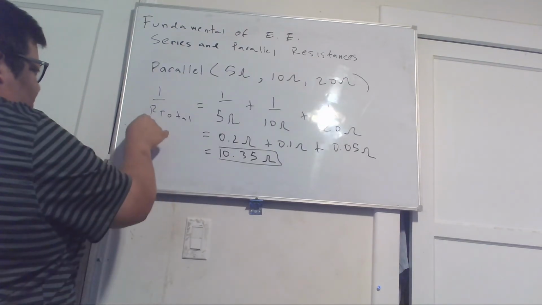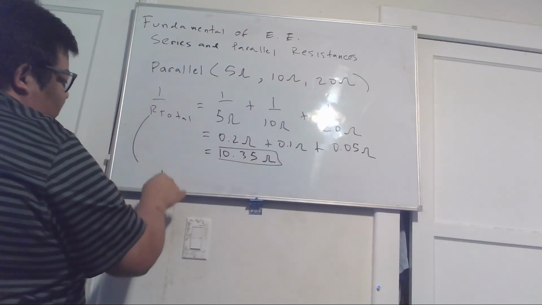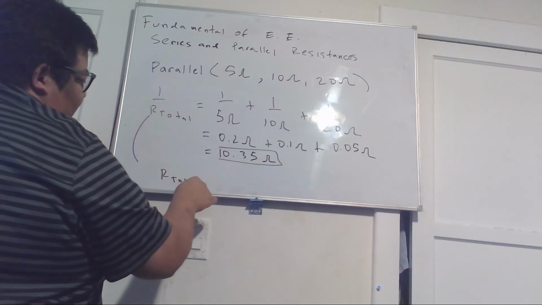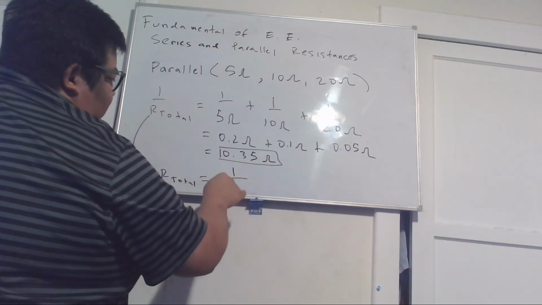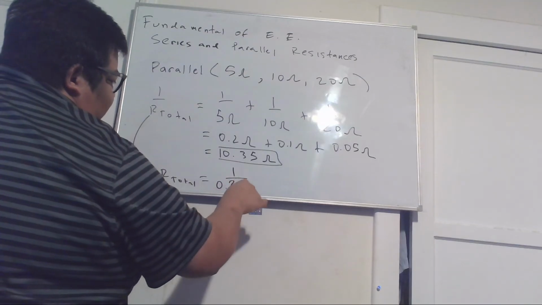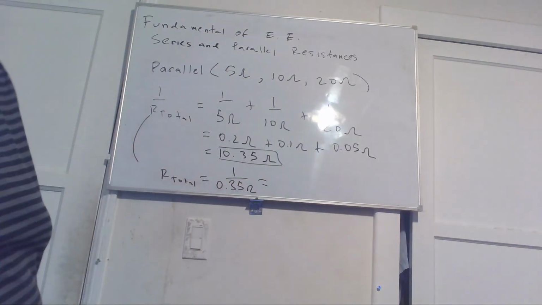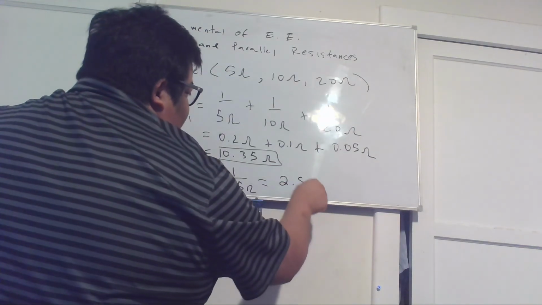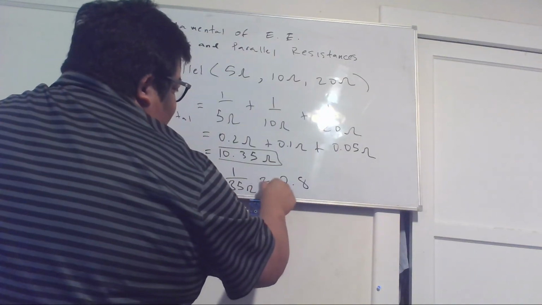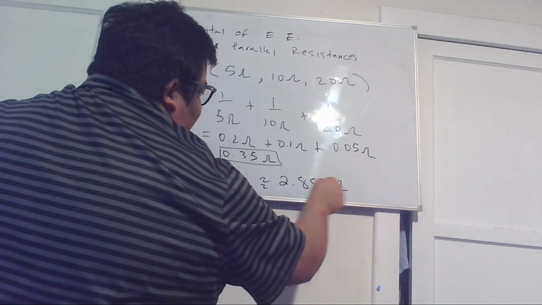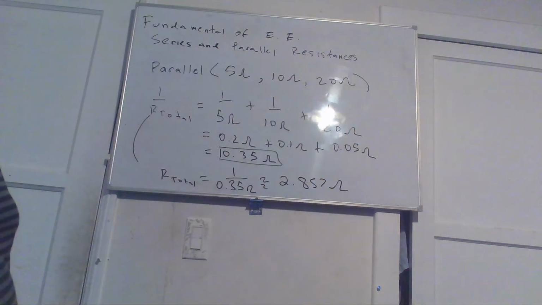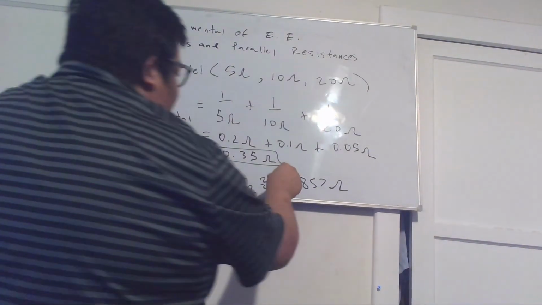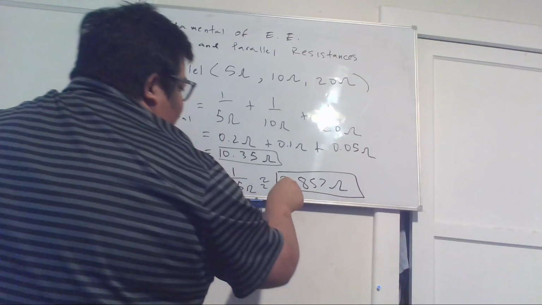So to find R total, what you do is this: R total is equal to 1 over 0.35 ohms, and that's approximately 2.857 ohms. So that will be the final answer we are looking for.